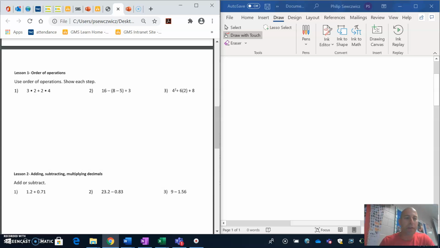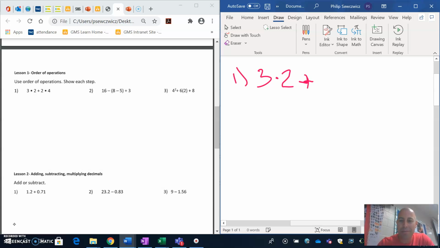So, very first problem there, we see order of operations says 3 times 2 plus 2 times 4. Okay, so looking at the notes, that's where we have the list of our order of operations. Number one on the list is parentheses. I don't see any.